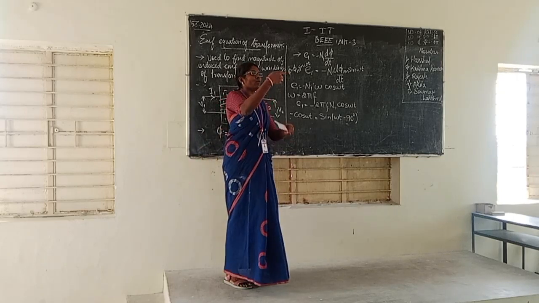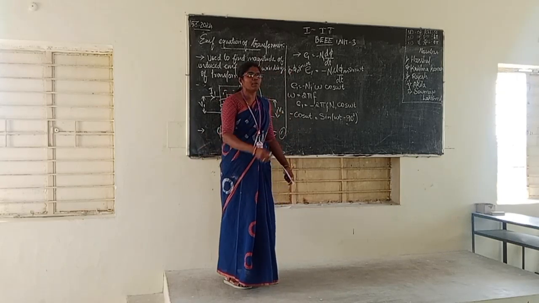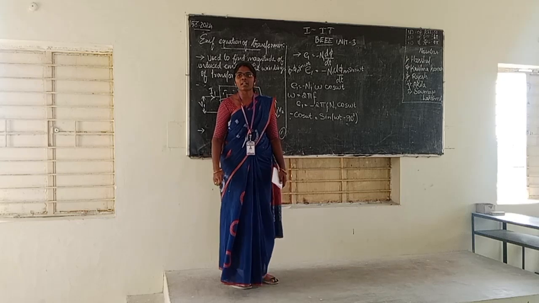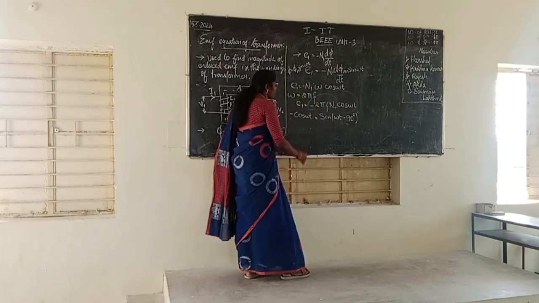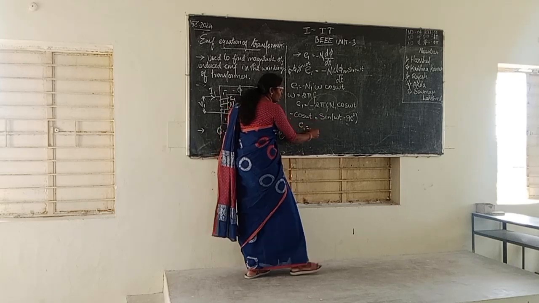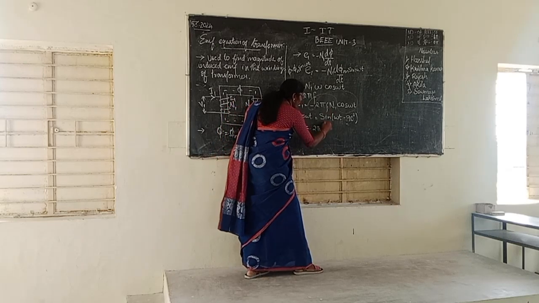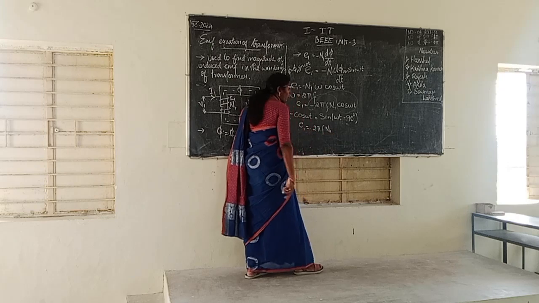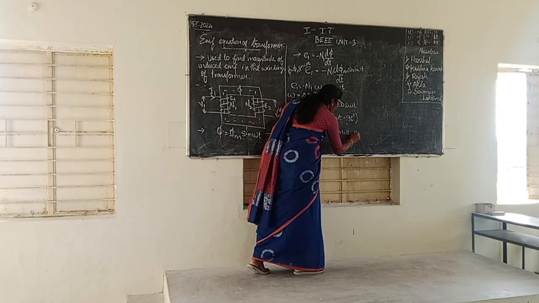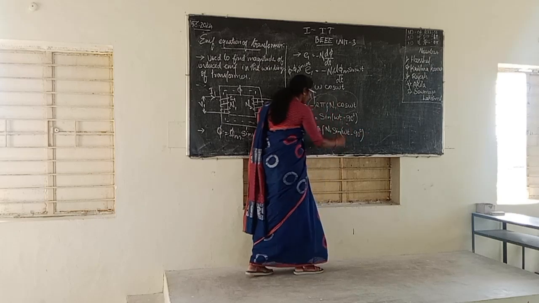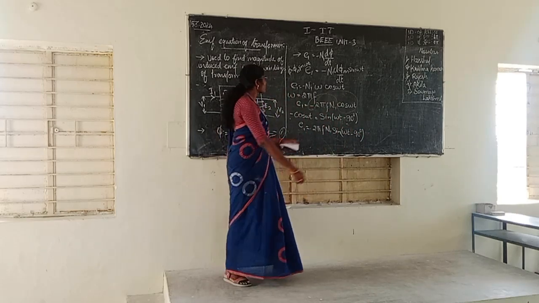If I take sin(ωt minus 90 degrees), it gives minus cos ωt. So in place of minus cos ωt, I substitute: E1 is equal to 2πf into N1 and then sin of ωt minus 90 degrees. Clear up to this?